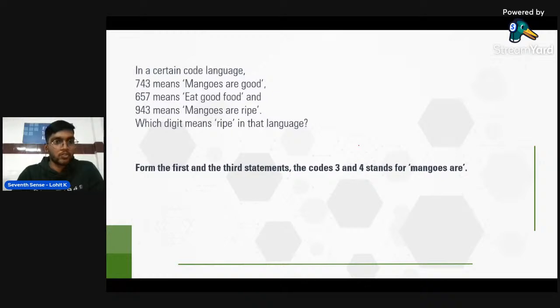One sentence is there which consists of both the letters, which is mangoes are. Mangoes are will be represented as 3 and 4. So except 3 and 4, the rest of the number will be represented for ripe here. So ripe will be coded as 9 here. So the correct answer is 9.